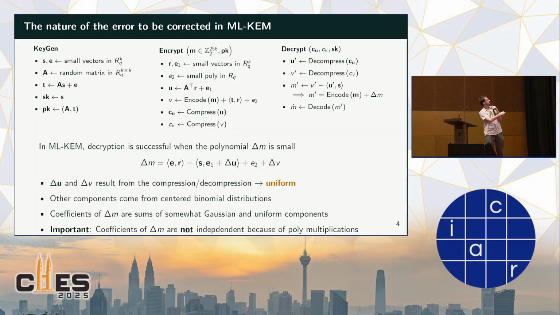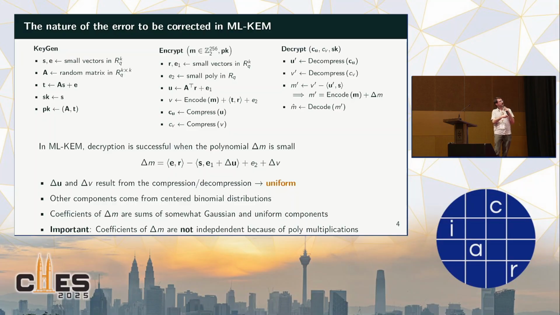But what you need to know is that in MLChem, the decryption is successful when the polynomial delta m, which is the noise polynomial that you see in the message during the decryption, has small coefficients. And this is how this polynomial delta m is defined.